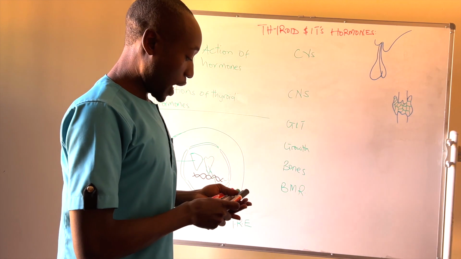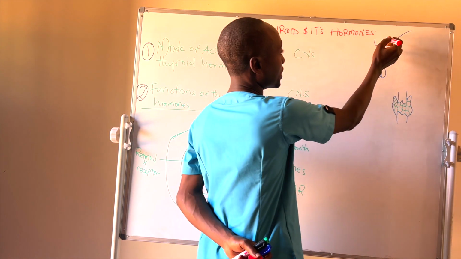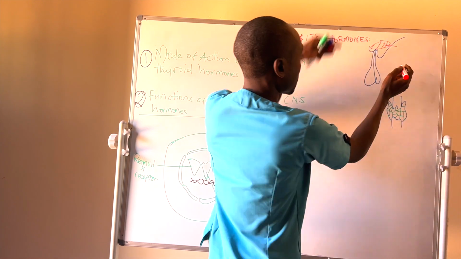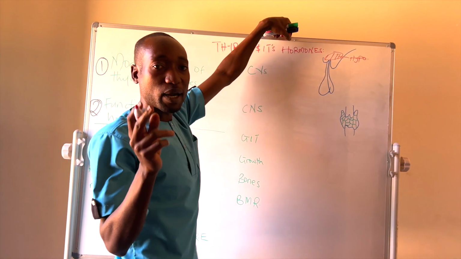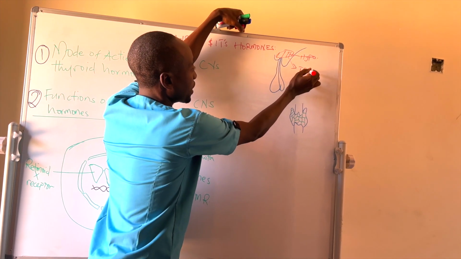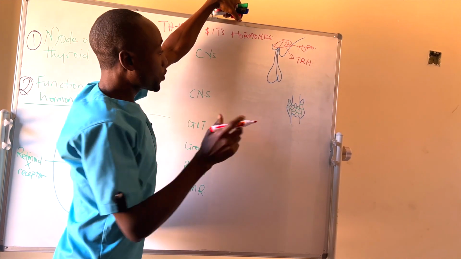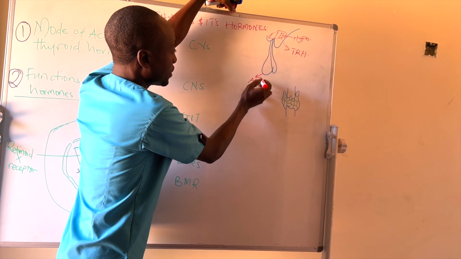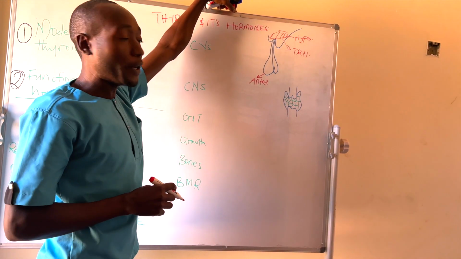But maybe to give you a very short review, okay, if this is the hypothalamus, the hypothalamus produces what we call TRH, or the thyroid releasing hormone. The thyroid releasing hormone comes to the anterior pituitary gland, okay?